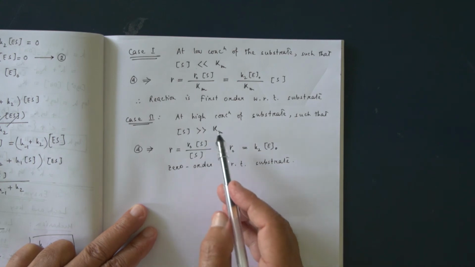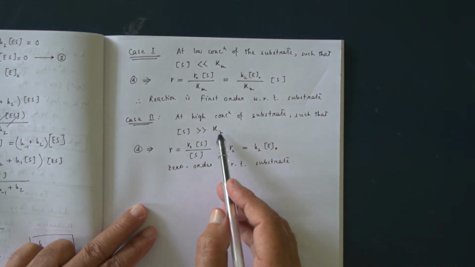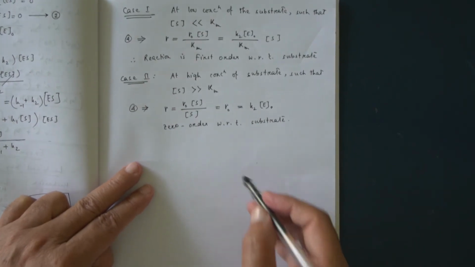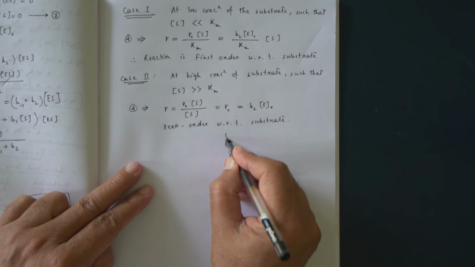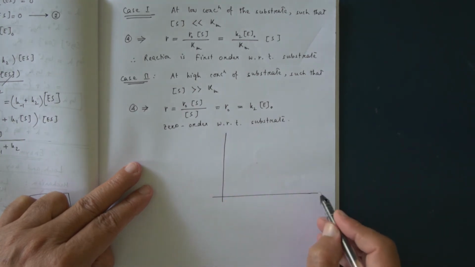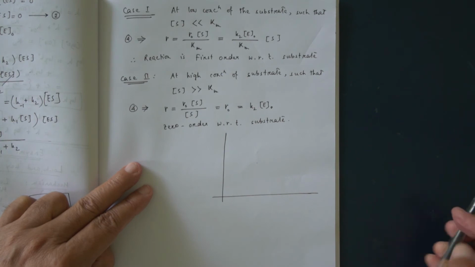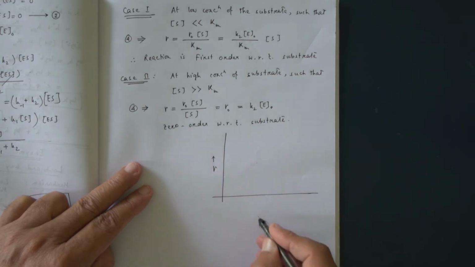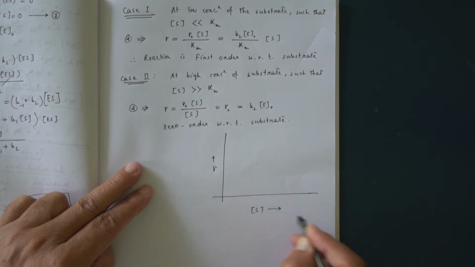But when substrate concentration is very high, the reaction will be zero order. So graphically we can show like this. Here we are plotting rate of the reaction, and here concentration of substrate. The graph will be like this.